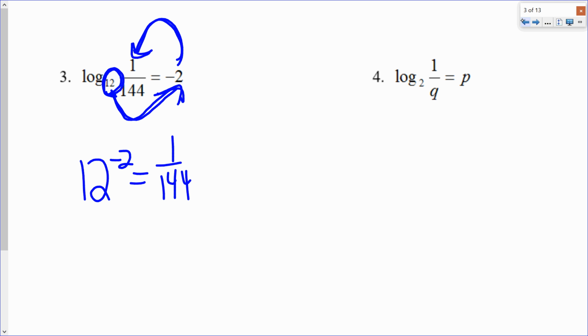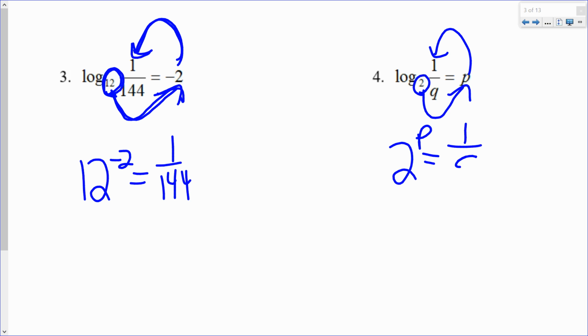I'll give you about 15 seconds to do that. Okay, start with the base and cycle. 2 to the p power equals 1 over q.